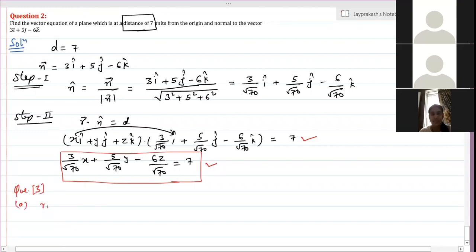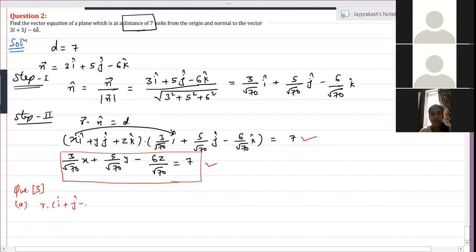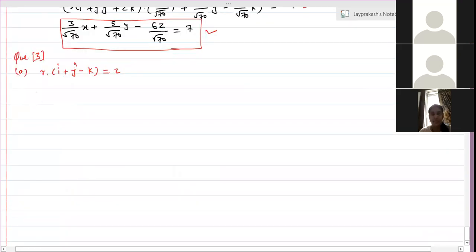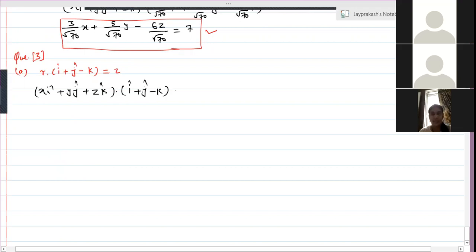So in the first question, you have r dot (i plus j minus k) equals 2. Now at the place of r, if you write xi plus yj plus zk, dot product with i plus j minus k equals 2.